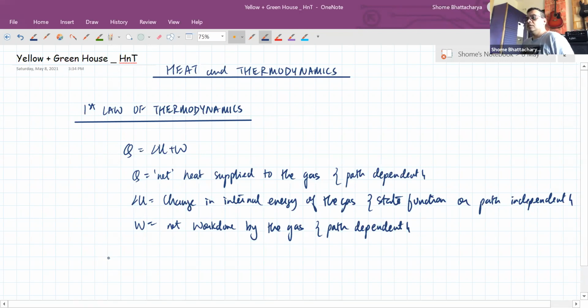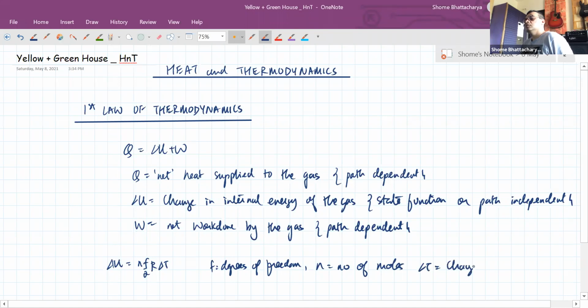We saw that in general, delta U is defined as this particular quantity, where F is degrees of freedom, N is number of moles, and delta T is change in temperature in kelvins. So this formula had come from kinetic theory of gases.